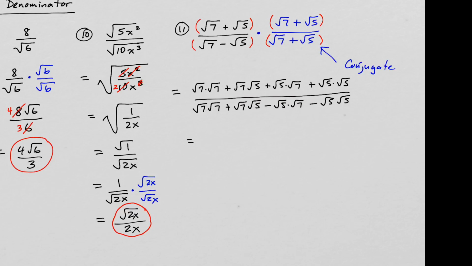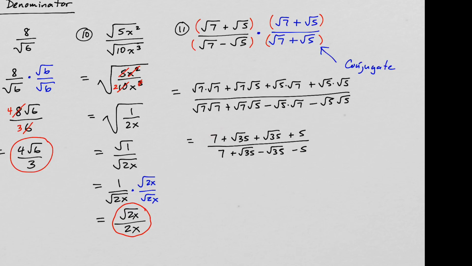And so when we simplify all those, we get 7 plus radical 35 plus radical 35 plus 5 over 7 plus radical 35 minus radical 35 minus 5. Okay, so now we're going to simplify the numerator.